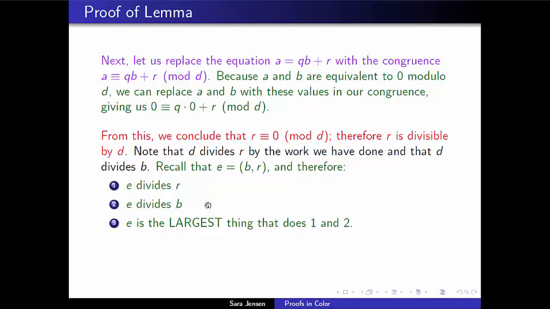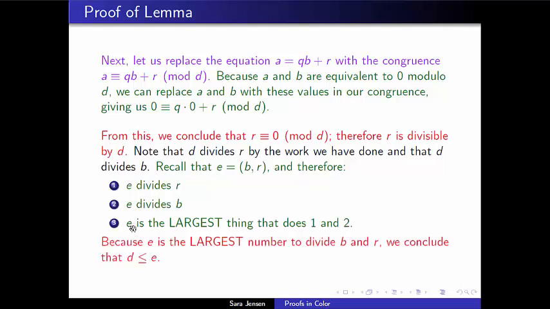So what have we done? We've just pointed out to the reader that D is a thing that divides R, and D is a thing that divides B. By part 3, right here, we now get that final red line that we're looking for, which is that because E is the largest number to divide both B and R, and D is some number that divides both B and R, it must be the case that D is smaller than E, which was the goal that we set for ourselves of this direction.